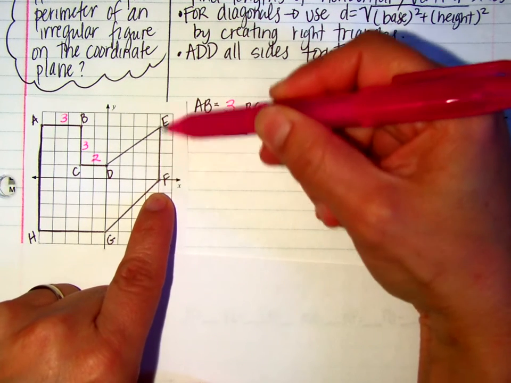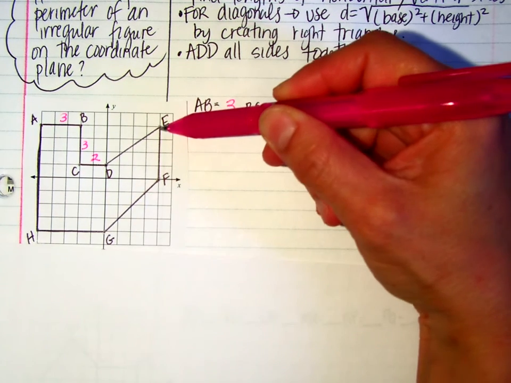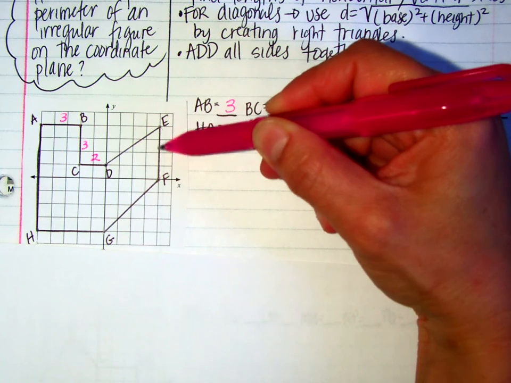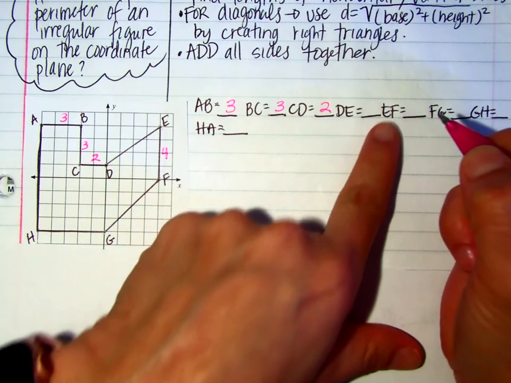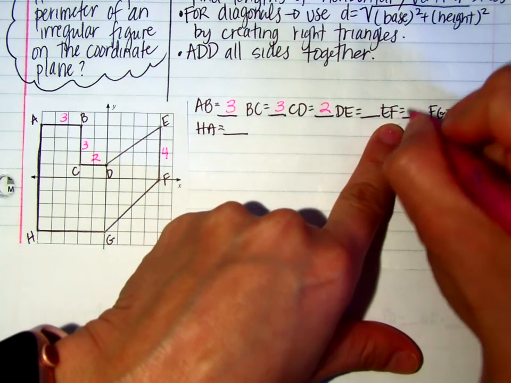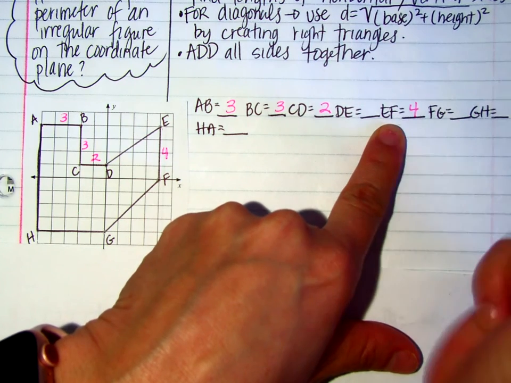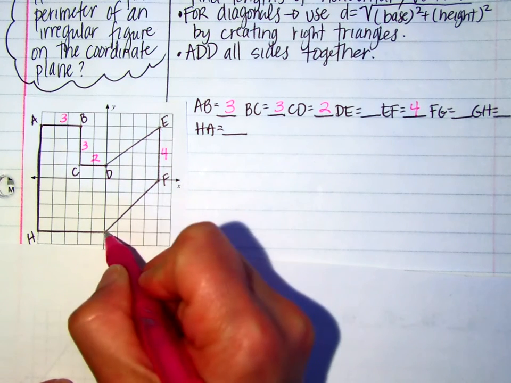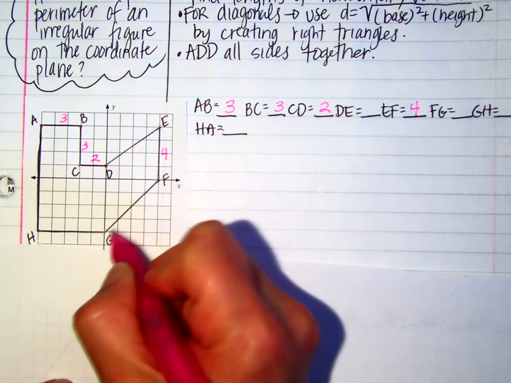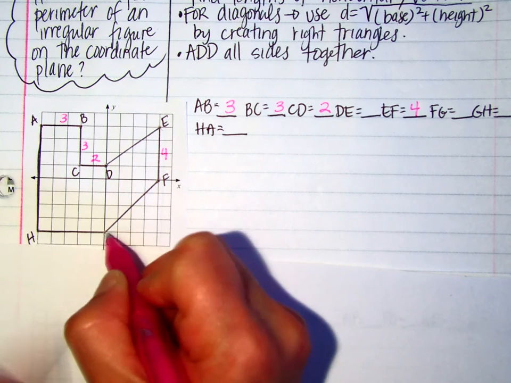EF is vertical. So let's count it. 1, 2, 3, 4. So make sure that you're putting it in the right spot. This is EF, 4 units. FG is also a diagonal, so I can't just count it out. I'm going to skip it and come back to it later.